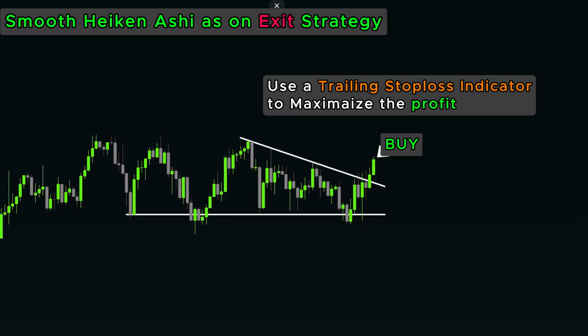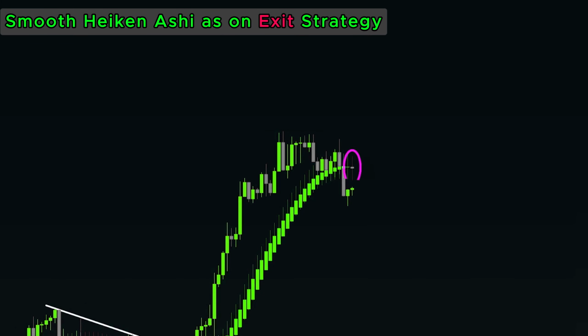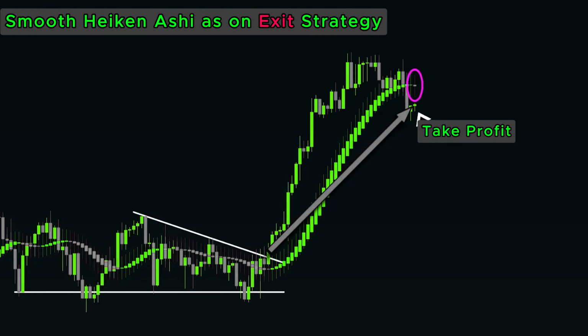And that's where the Heiken Ashi comes into play. So, what you want to do is let your open positions run until the Heiken Ashi changes color. Once it changes, it signals that the trend has come to an end, and you can now close your position and finally take profit. And as you can see, because we let the trade continue with the upwards momentum, we were able to capture most of this upwards movement.